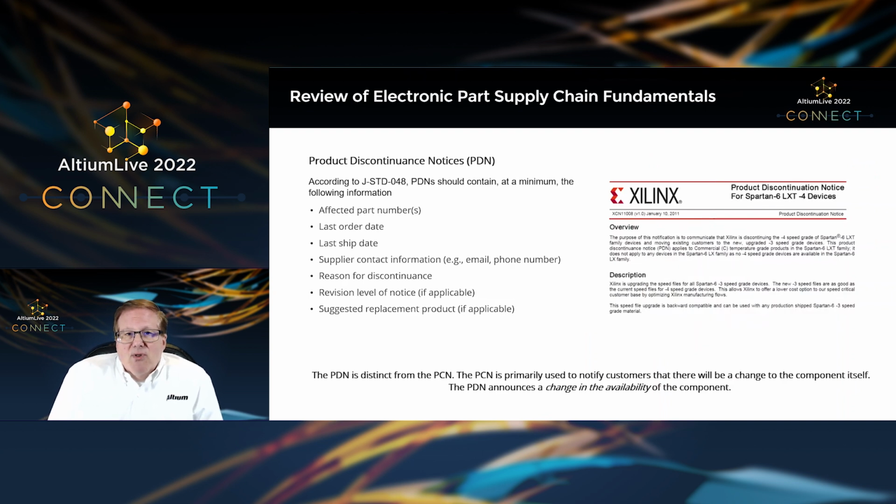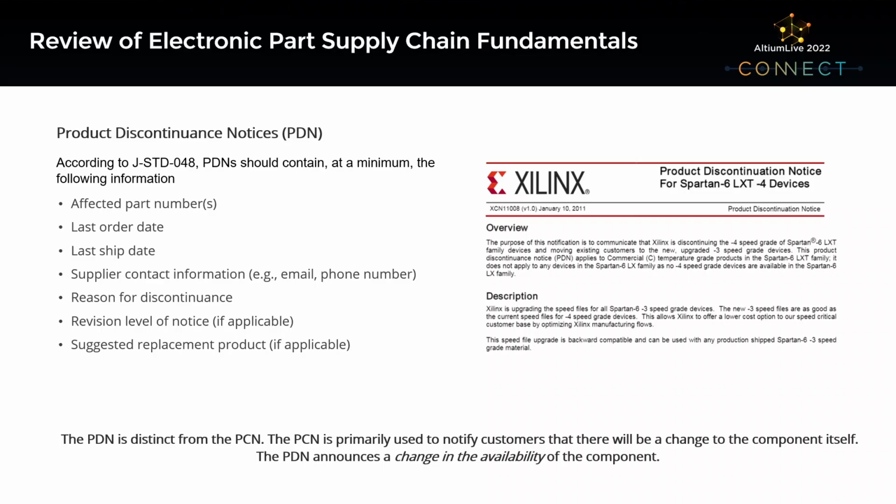Now there's also the product discontinuance notices, as I mentioned earlier, and this is issued when component manufacturers make the decision to discontinue manufacturing of a product. They'll typically issue this PDN in compliance with another joint JEDEC, ECIA, IPC standard, J-STD-048.